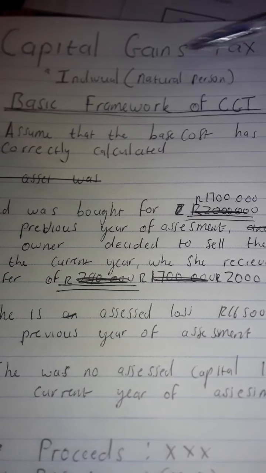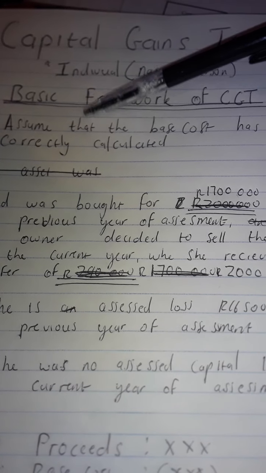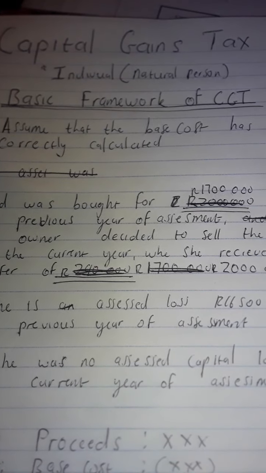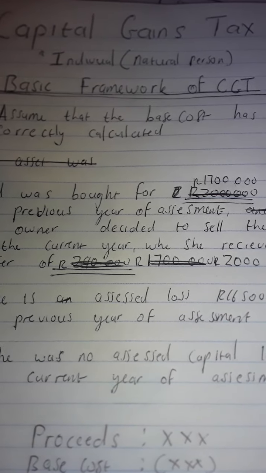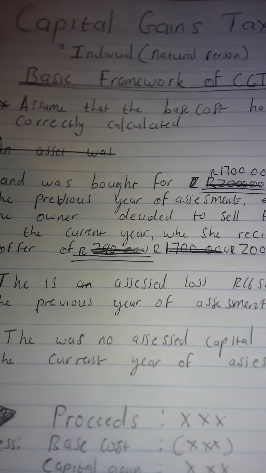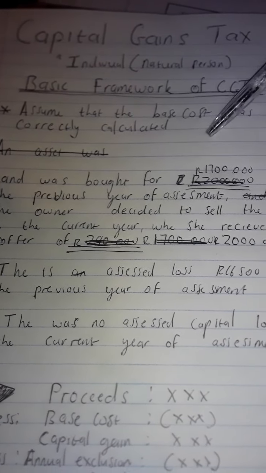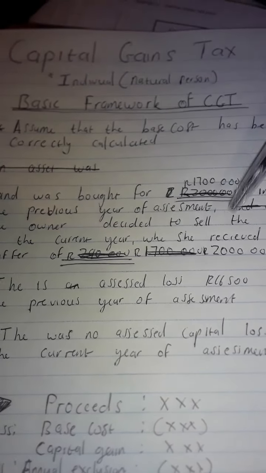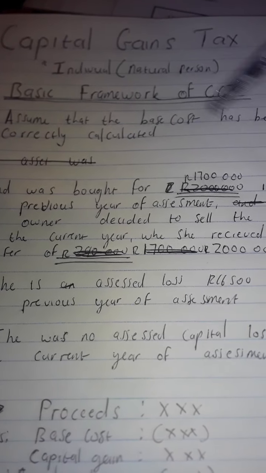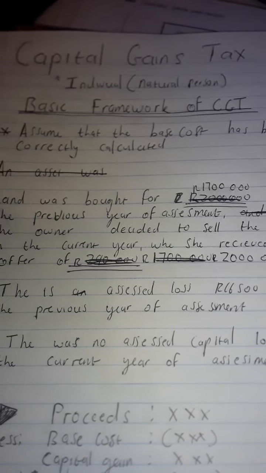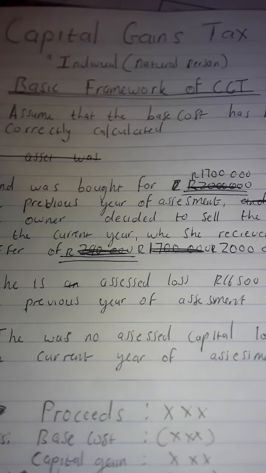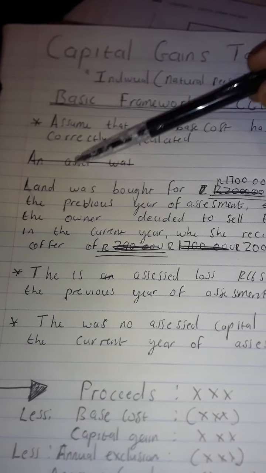For the basic framework of capital gains, we are going to assume that the base cost has been calculated correctly. I'm going to deal with base cost calculations in a more detailed video in the last part. So for now, we're going to be looking at the calculation. I did not put dates on these transactions deliberately because I did not want to mislead you when it comes to the valuation date, which is going to be dealt with in part 3. So for now, let's look at this example.